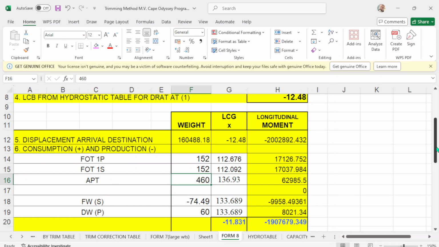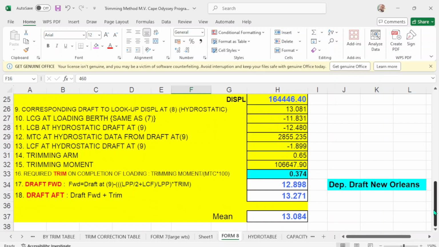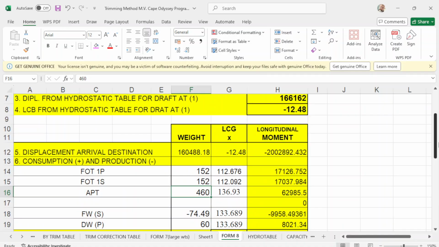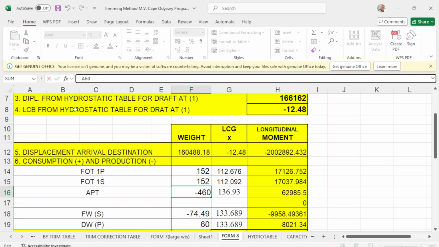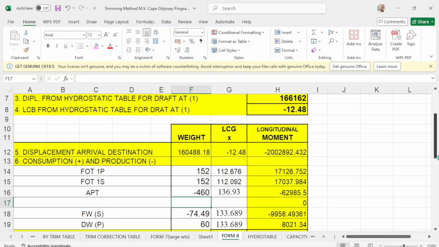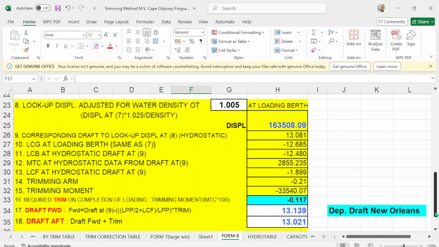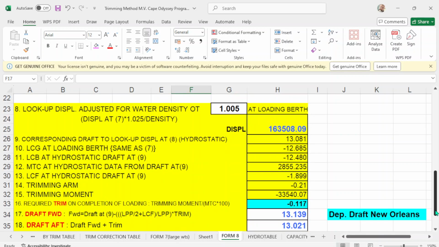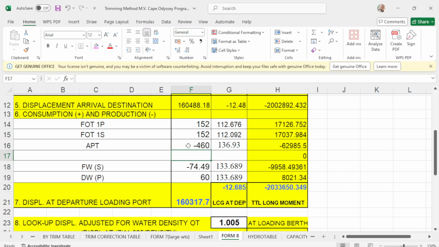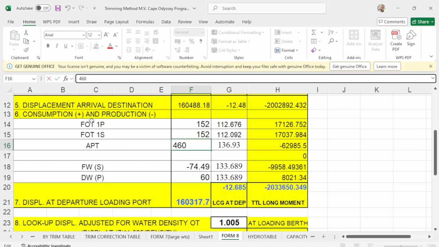And what will be your draft here? Okay, and you have to put production, so you put this negative, for example. You will put what will be your draft here, so put this.